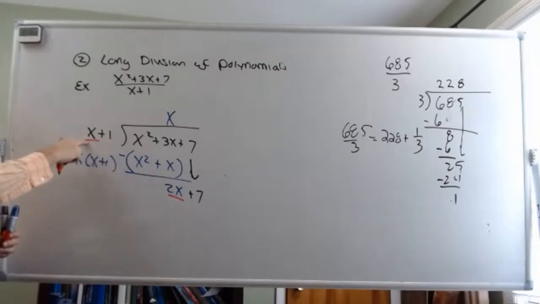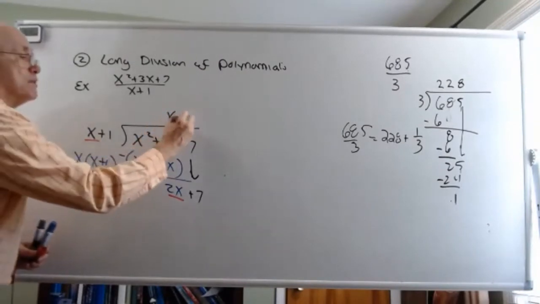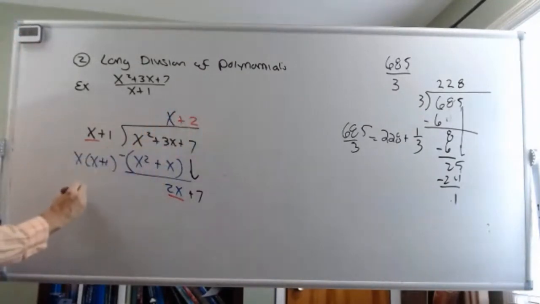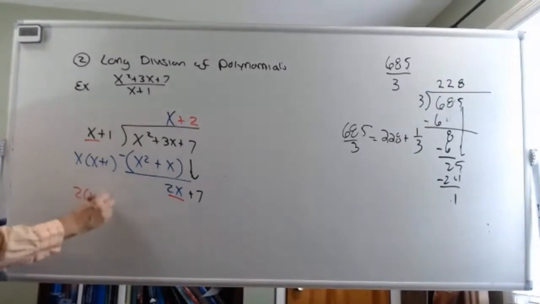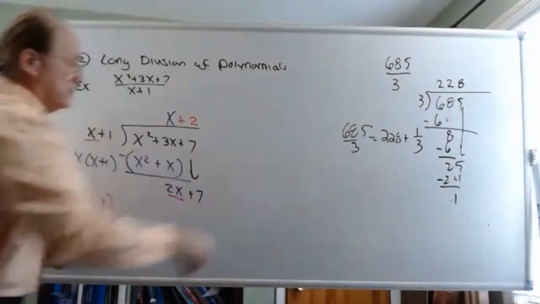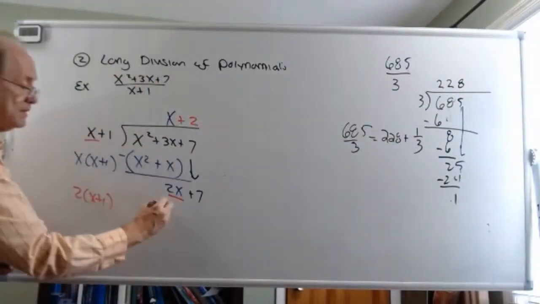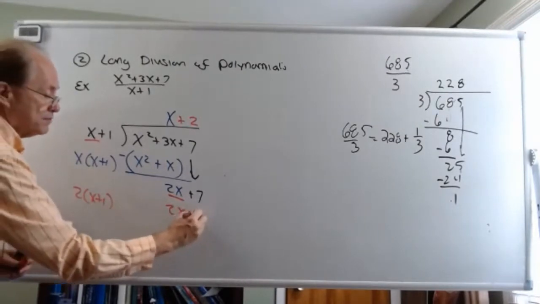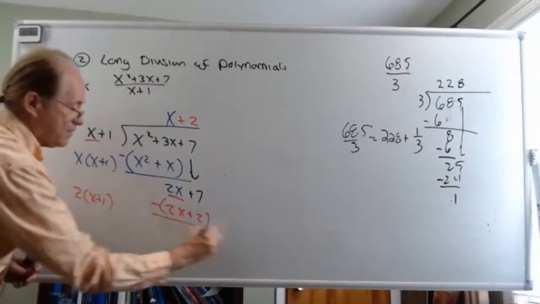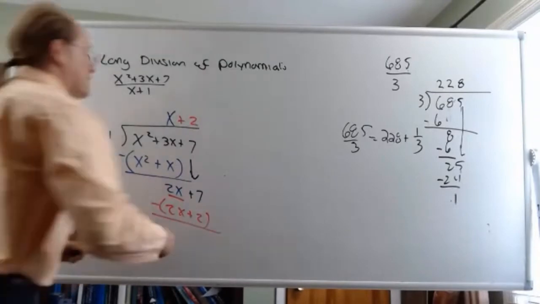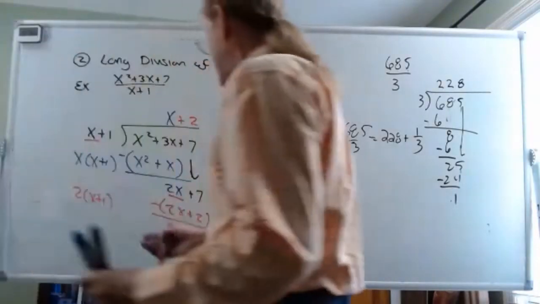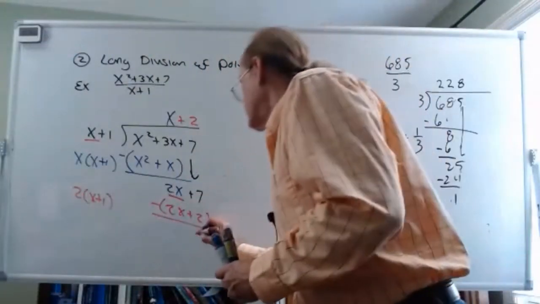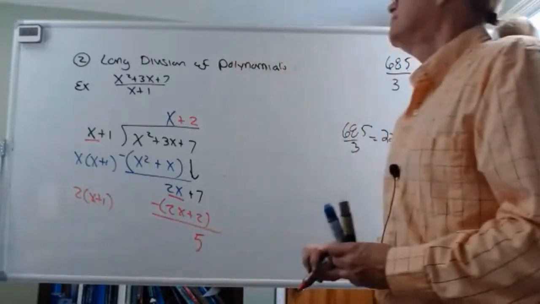What do I multiply x by to get a 2x plus 2? Do that multiplication, just as I'm multiplying over here as I go through each of those steps. This gives me a 2x plus 2, and I subtract by what's above it. Well, 2x minus 2x gives me 0x. 7 subtracting 2 gives me 5.